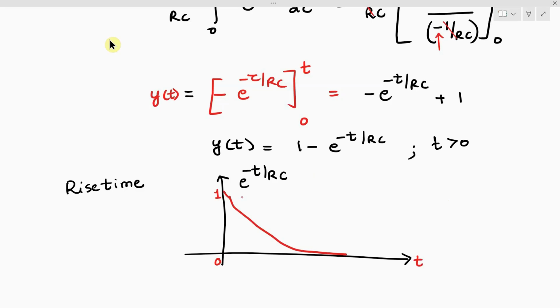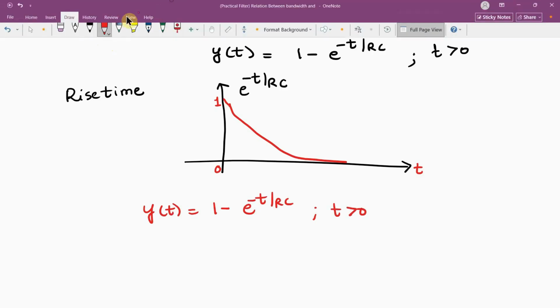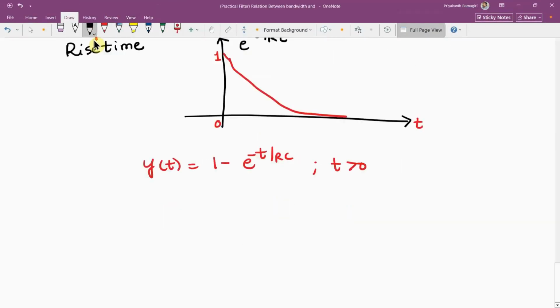Now, this is not the actual output. What is the actual output? Actual output y of t is 1 minus e power of minus t by RC, valid for t greater than 0. Then how will be the plot?